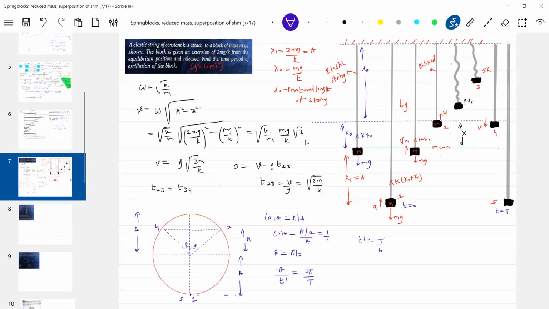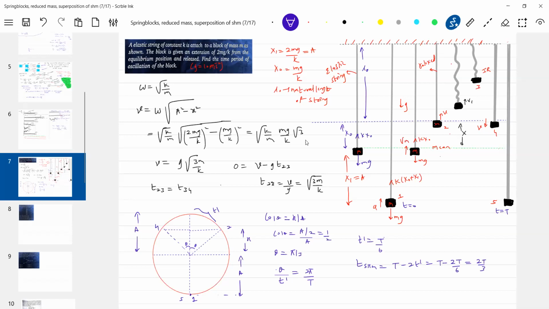So shall we write T by 6? This is only for this particular time. Okay, in total for SHM, the time taken for SHM should be equal to T minus 2T dash. So T minus 2T by 6. So shall we put 2T by 3?